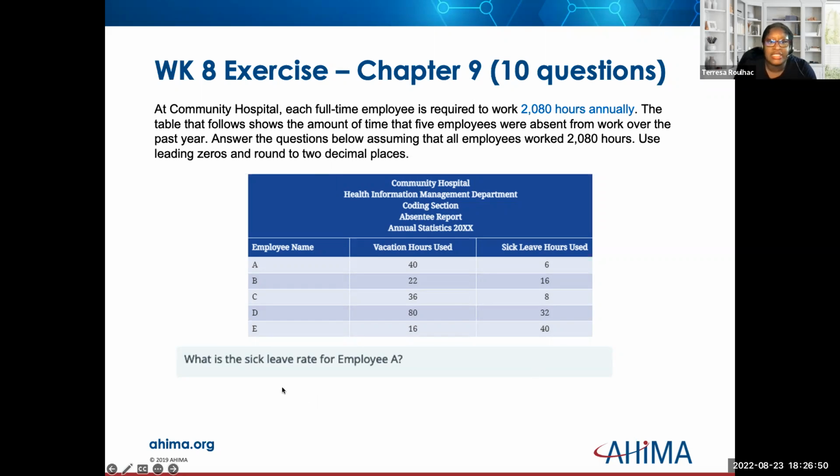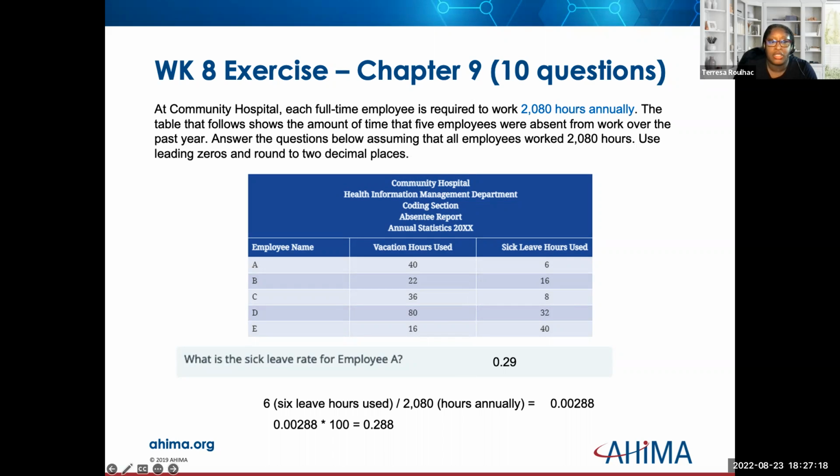So what is the sick leave for employee A? 6 hours used, okay, divided by 2,080, which was the annual hours, equaling 0.00288 times 100, 0.288.